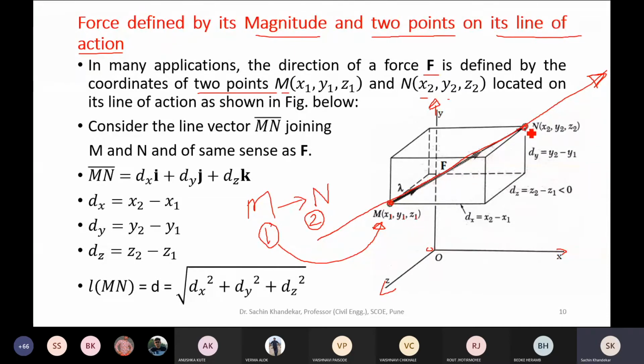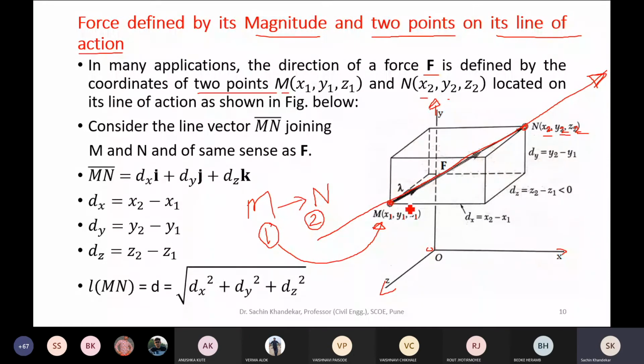And let N be the second point on the line of action of this force F, and let x2, y2, and z2 be the x, y, and z coordinates of the second point, and that is why the subscript 2 is used. I hope you are getting what I am saying.